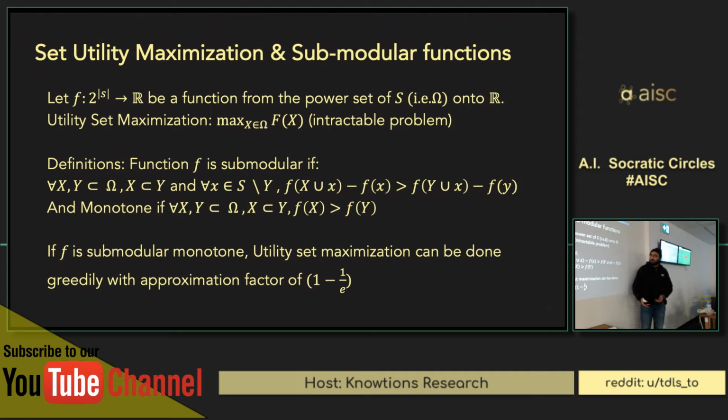And it's monotone if, for given subsets X and Y, if the cardinality of X is greater than the cardinality of Y, then f of X should be greater than f of Y. Sorry, there's a little mistake on the slide here.